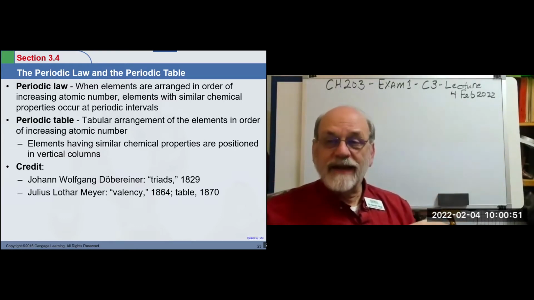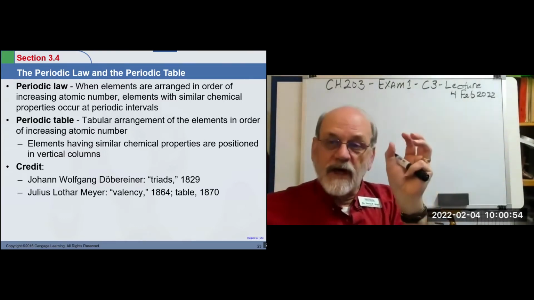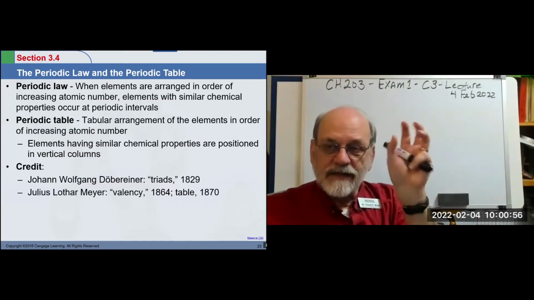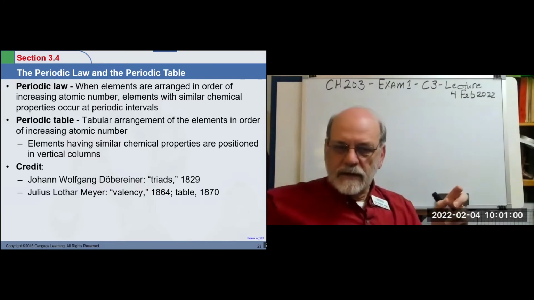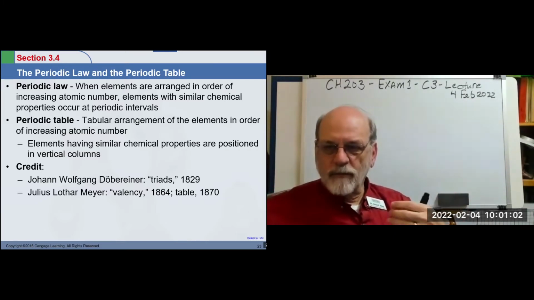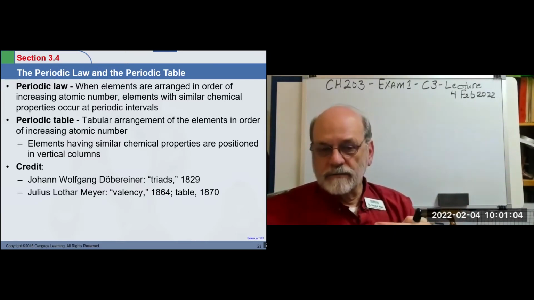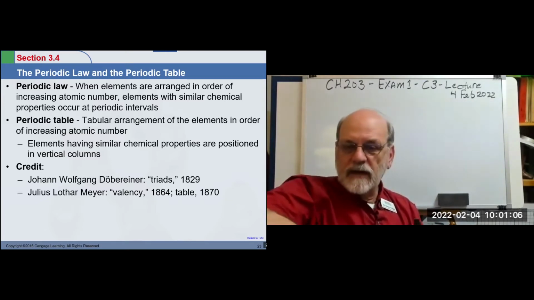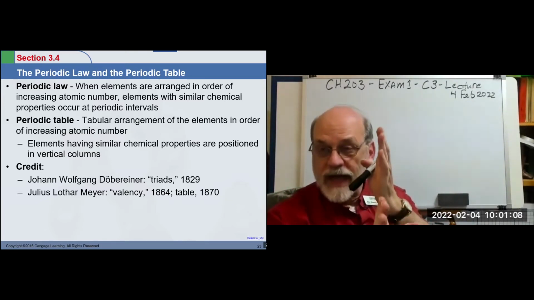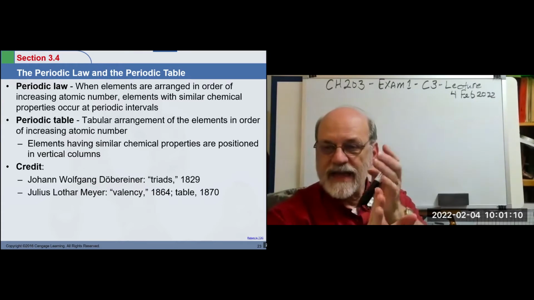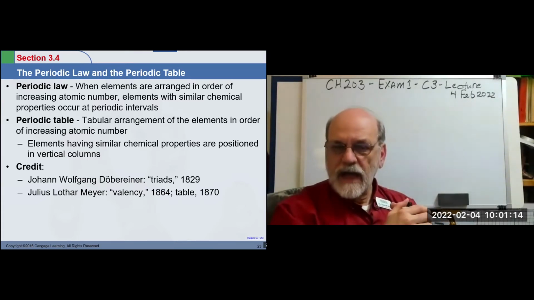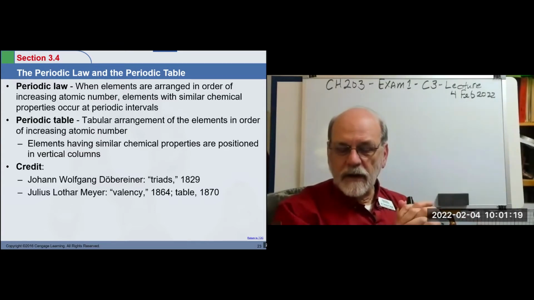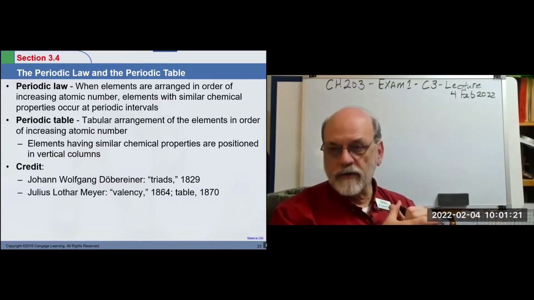Now we understand valencies have to do with the number of electrons in the atom that are available to react. In Meyer's day, it was more based upon a practical approach. He was saying that these triads had similar behavior because they had something similar in them that he called valency. And he put the elements in a tabular form. But that's where it ended. He didn't go any further than that.